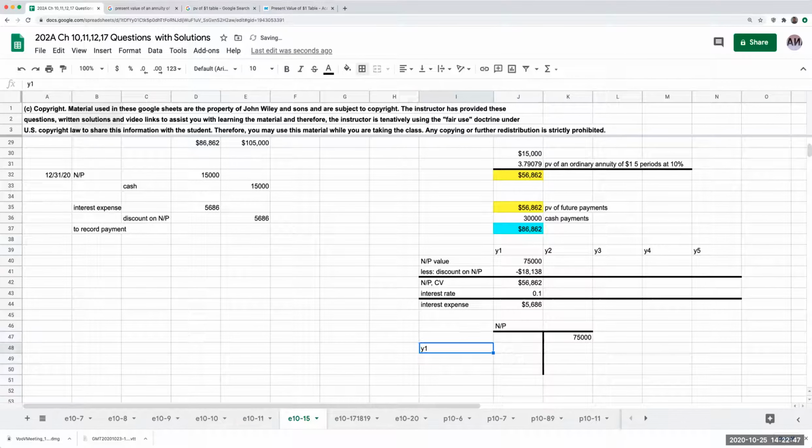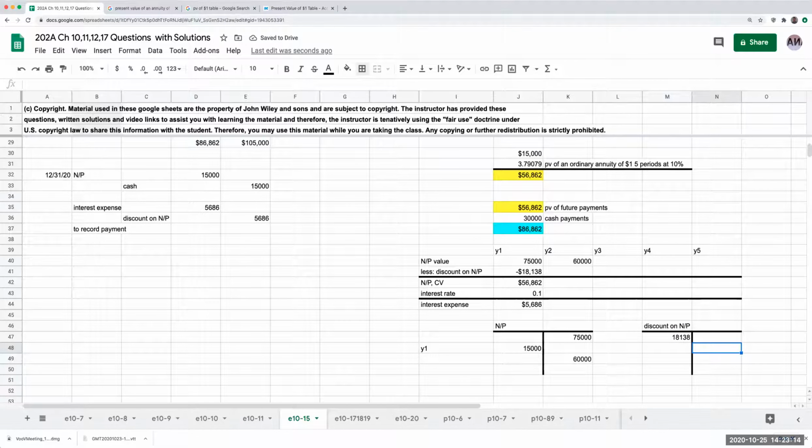So my year one payment of 15,000 leaves me an ending balance of 60,000. My discount on notes payable started with a debit balance of 18,138.